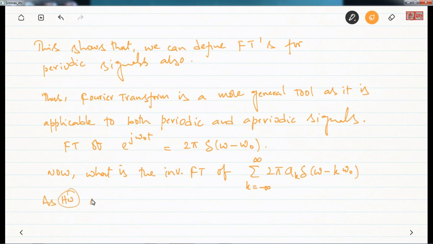As homework, show that the inverse Fourier transform is given by the sum of ak e power jk omega naught t, k equal to minus infinity to plus infinity.